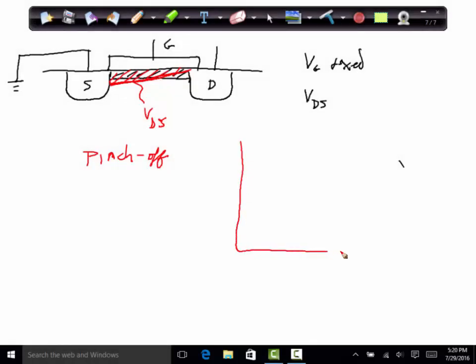They still have to face the same sort of picture, an easy transport through the inverted channel, and then sort of higher resistance or lower conductance transport in the region that's no longer inverted. So basically where it rolls over is the point for each gate voltage where we create that pinch-off point.